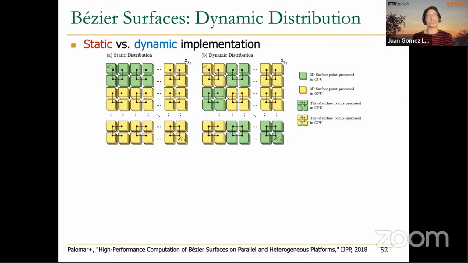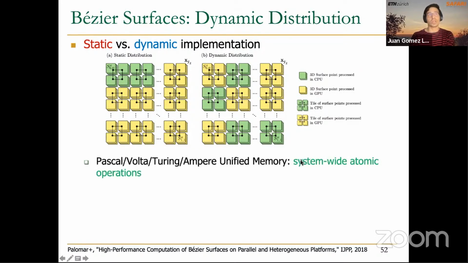But in other workloads, the amount of computation per tile, for example, might differ, right? It might be data dependent. And in those cases, it's really interesting to have some dynamic distribution, because in the dynamic distribution you don't need to know the best partitioning in advance. What you can do is have each of the workers, whenever they are done with the corresponding tile, go to a queue, fetch a new tile and compute for this tile, and this would allow us to have this dynamic distribution.